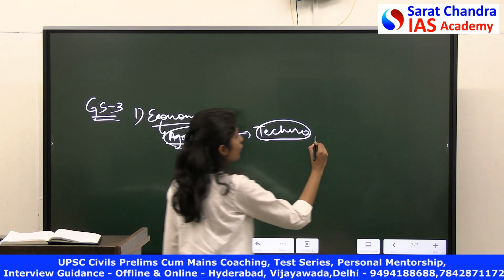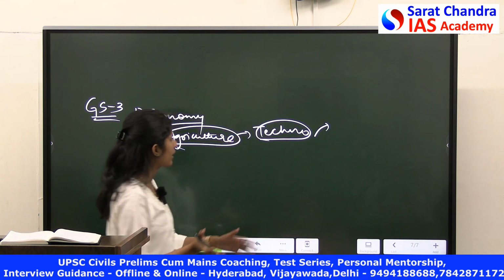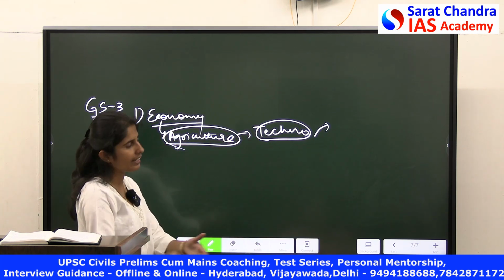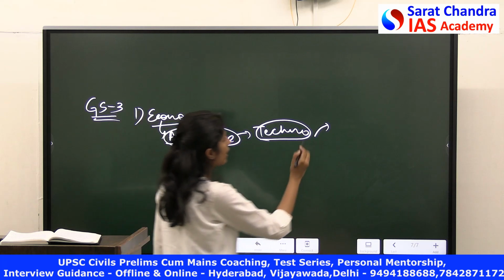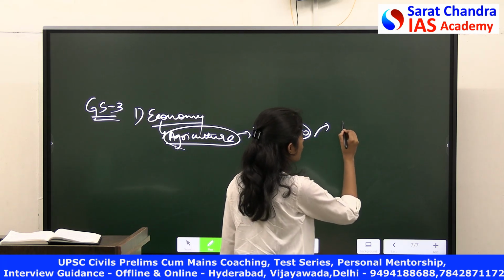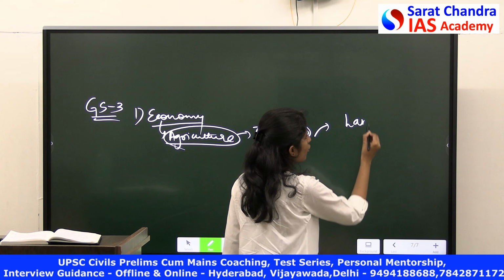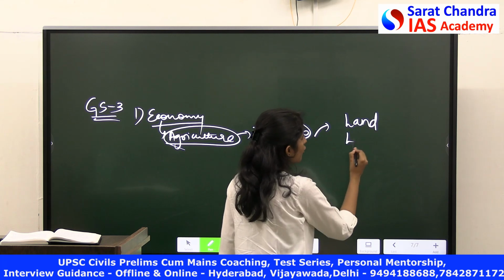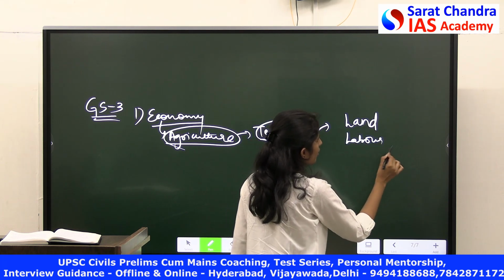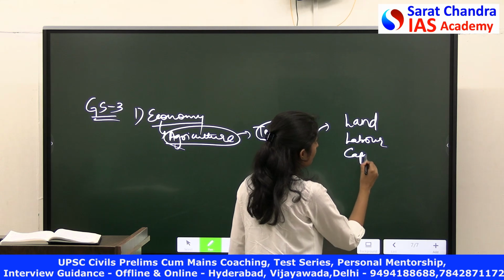Framework in the sense, if you are preparing notes on the impact of e-technology on agriculture, you have to prepare what is the impact of e-technology on factors of production. That is, one factor of production is land, second is labor, third is capital.